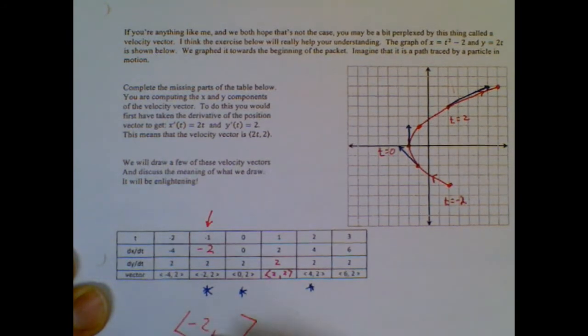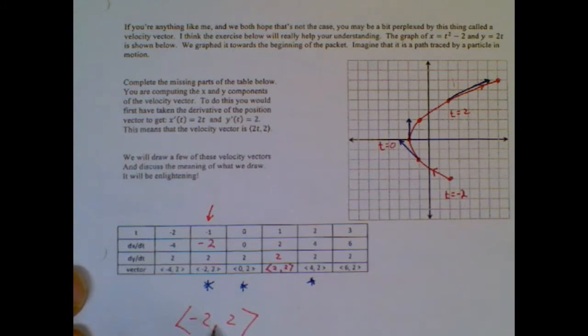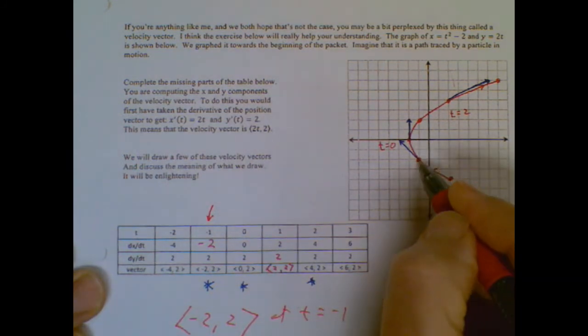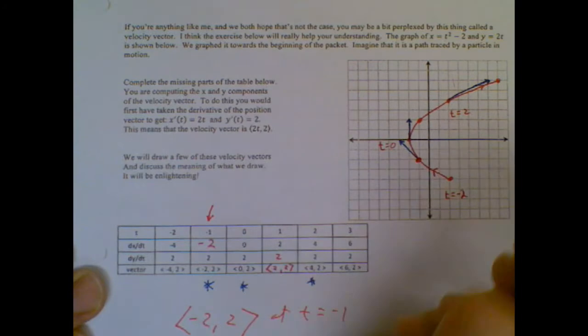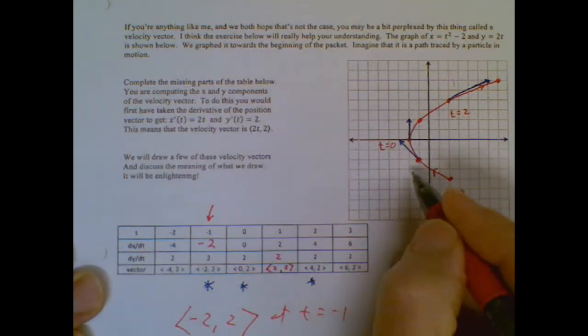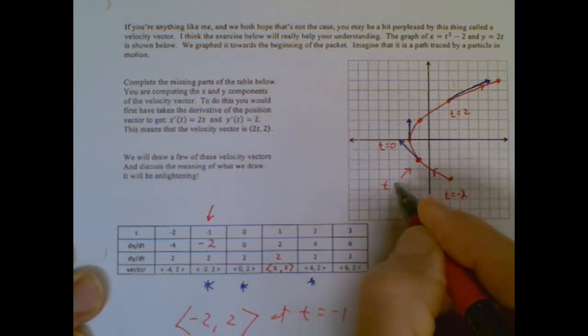So we have a velocity vector of -2, 2 at t equals -1. Okay, so we need to find out where that is on this graph, and it turns out that that point is right there. That's the t equals -1.